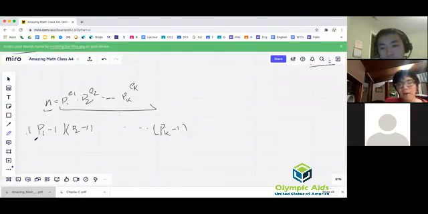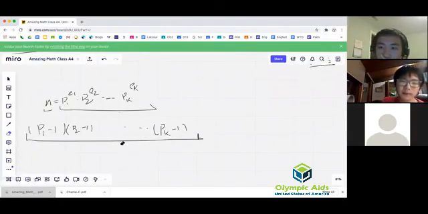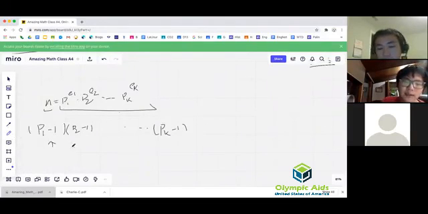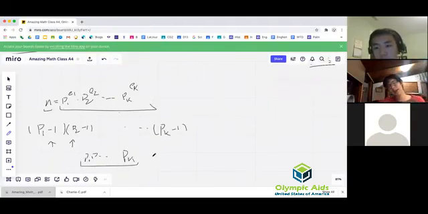But the Chinese remainder theorem says once you have a residue mod each of the pi's, you can get exactly one residue mod the product p1 p2 through pk that corresponds to all of those residues.